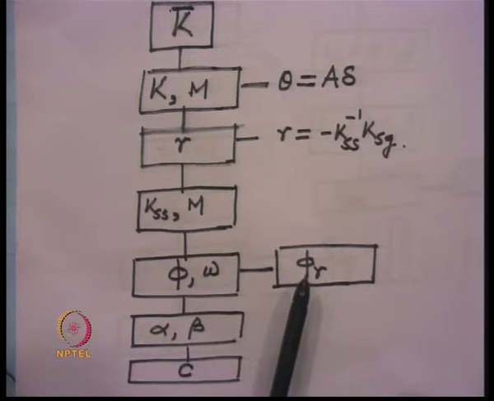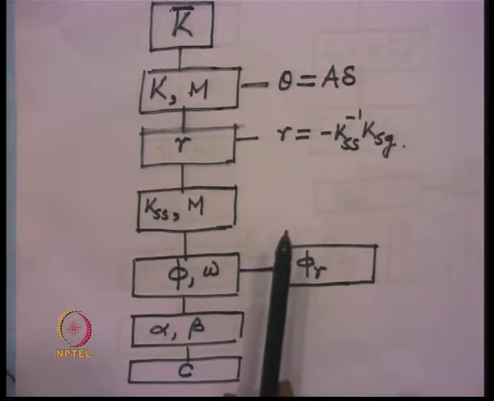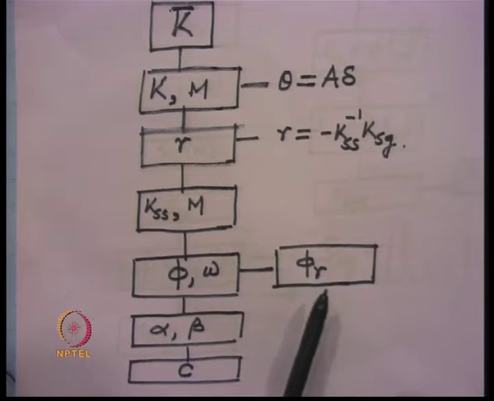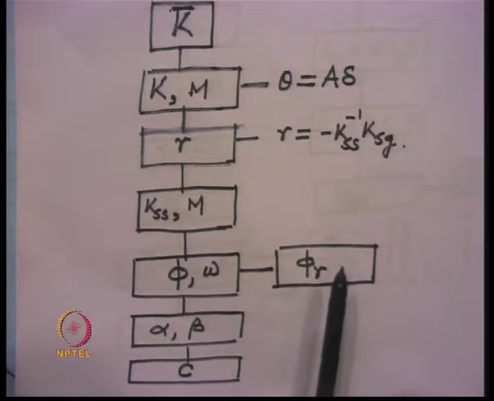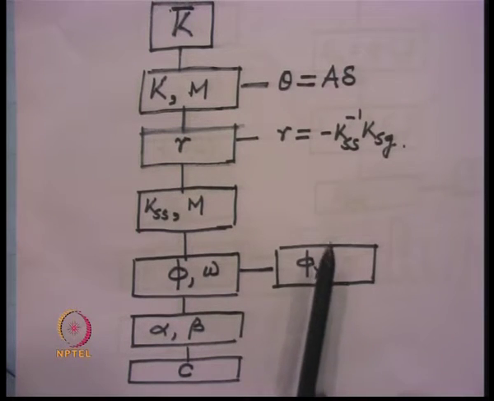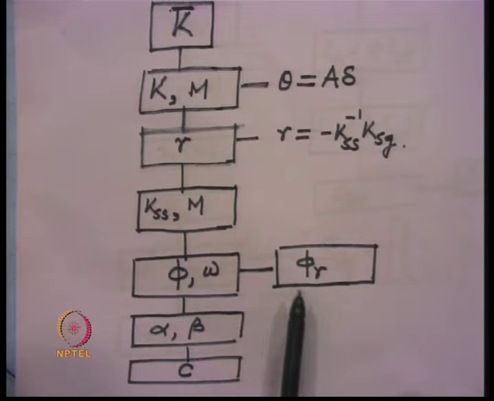Then from this we can also obtain phi_R that I have discussed before, that is, phi is the mode shapes for displacements, whereas phi_R could be a mode shape matrix or mode shape vector for the response quantity of interest.